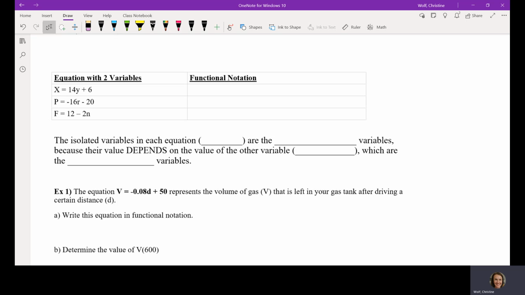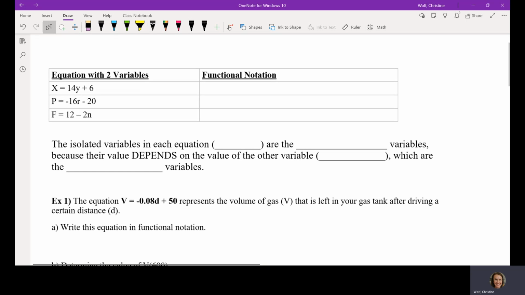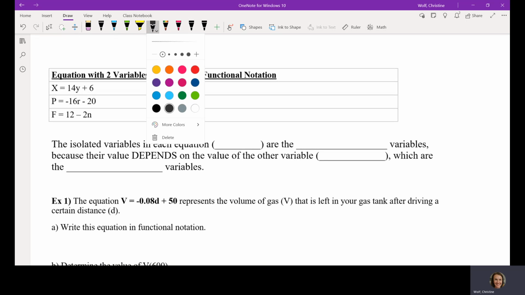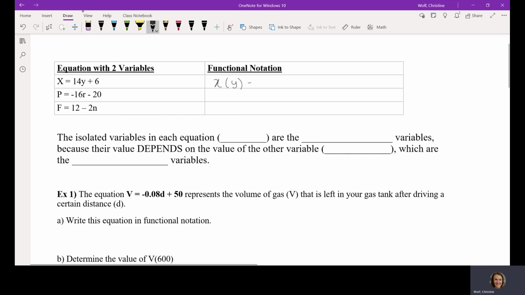If I ask you to write an equation in functional notation, all it means is that you rewrite the equation, but beside the first variable, so beside that x, you open up a bracket and write in the other variable, and then you continue on and recopy the rest.